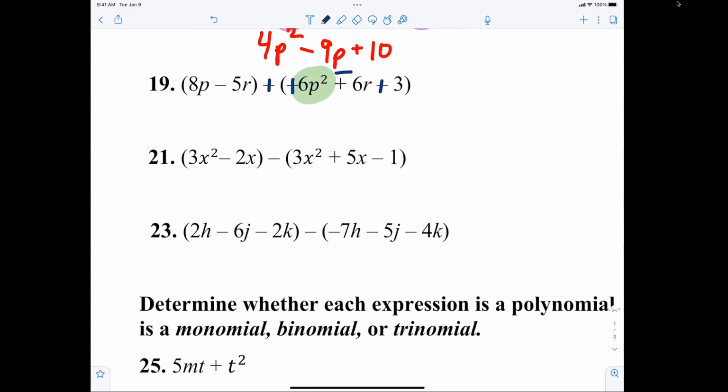Where are the squares up there? Do you understand? This is a square. That's something to the second power. All right, there's 1 square. How many of them are there? The number in front tells you how many. So you're going to write 6p squared.